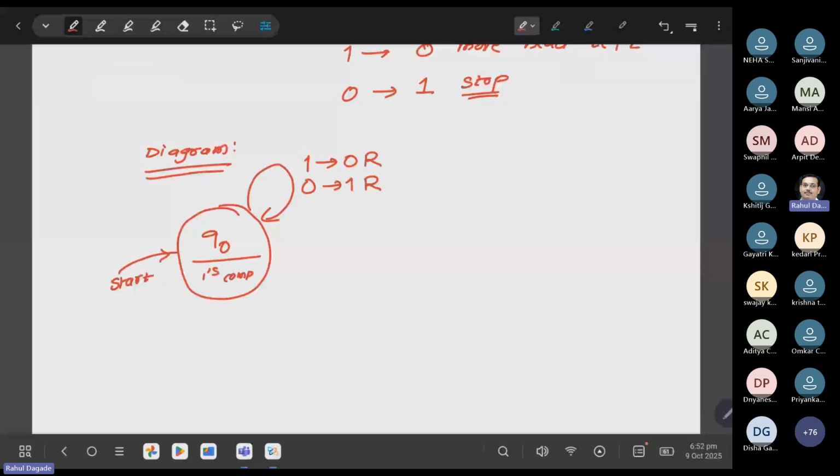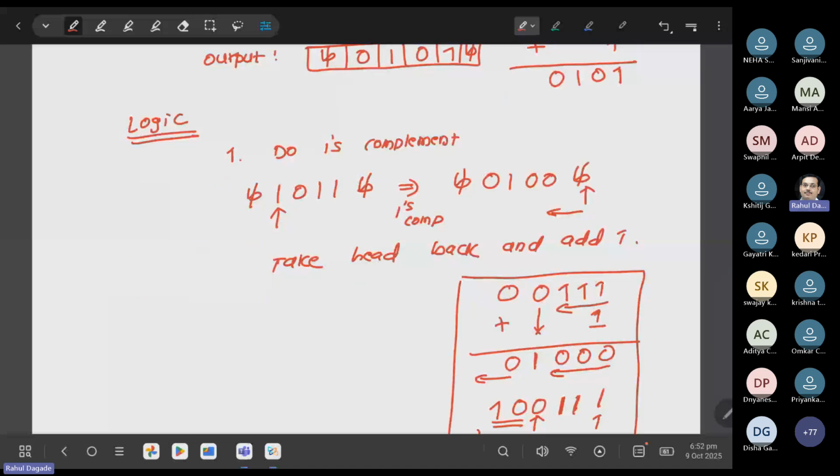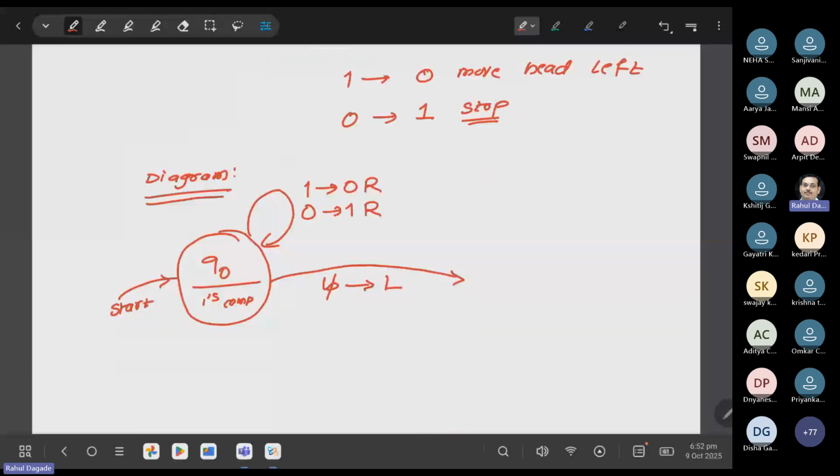Now when we get a blank, meaning the end of input, we have to move the pointer to the left, as I told you. So when we come to the end, we move this pointer to the left, and we have to implement the add 1 logic now.